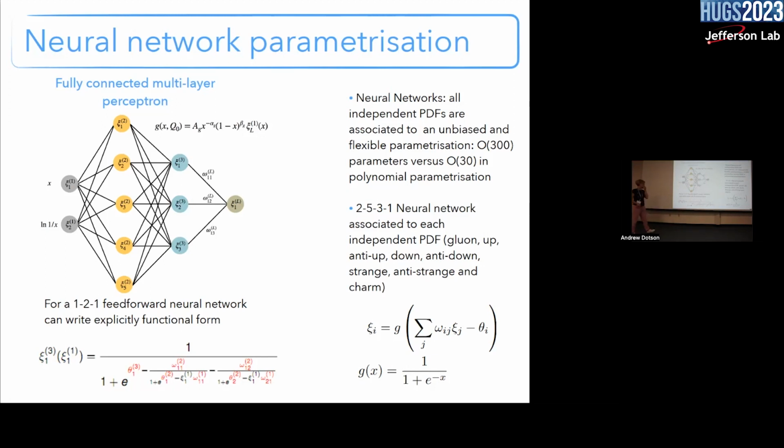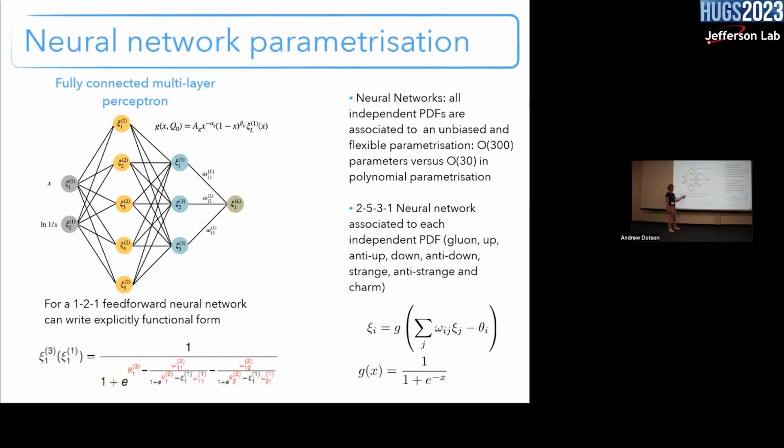Then you have this thing, and the output is the PDF at the initial scale, okay, times the pre-processing. And you can write it. Once I gave a seminar about the neural network parameterization, and I was told that unless there was an analytical form, they wouldn't believe it. And I wrote it, okay, for the case of a very small network, you can actually write the analytical form.